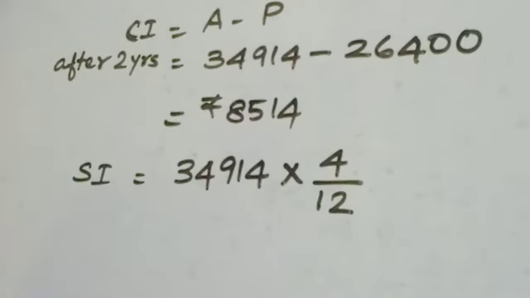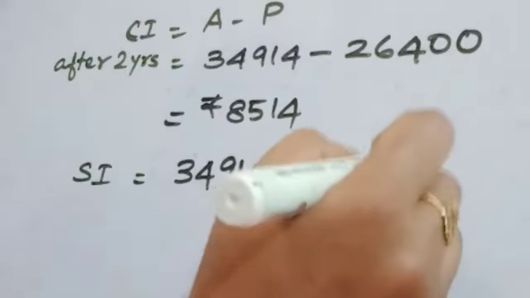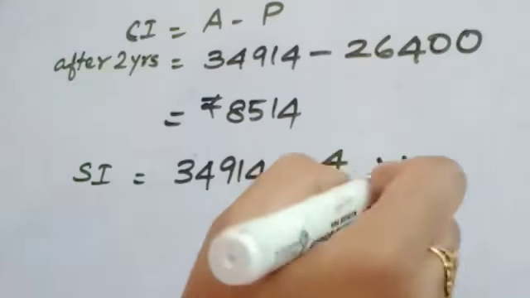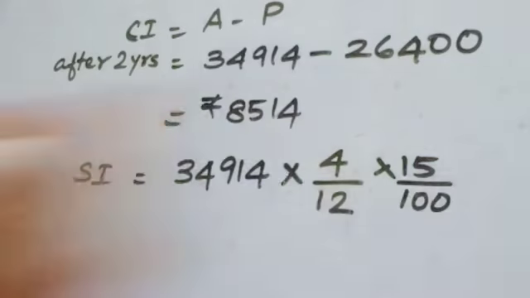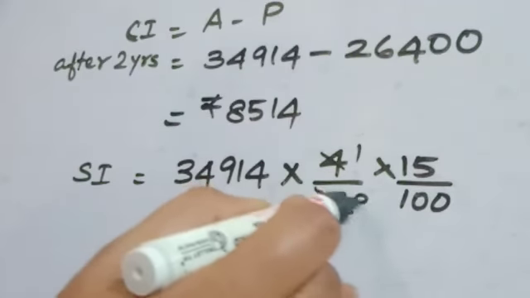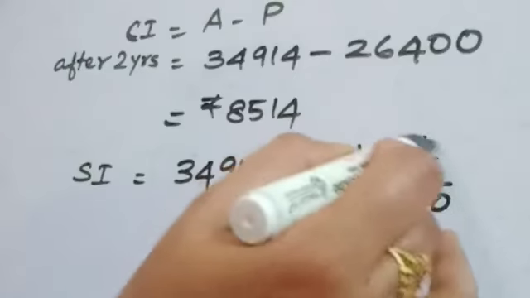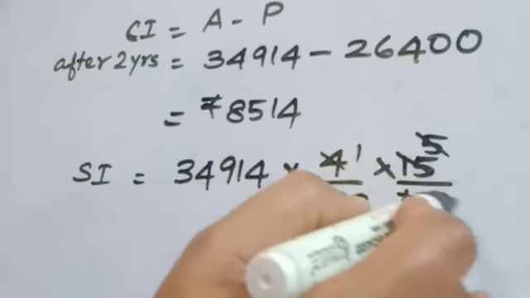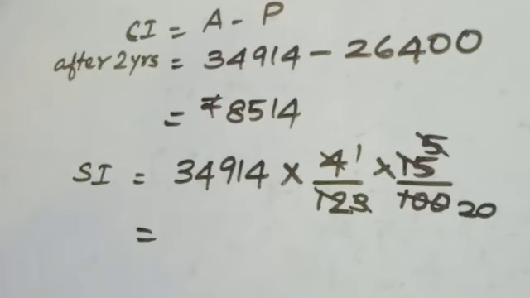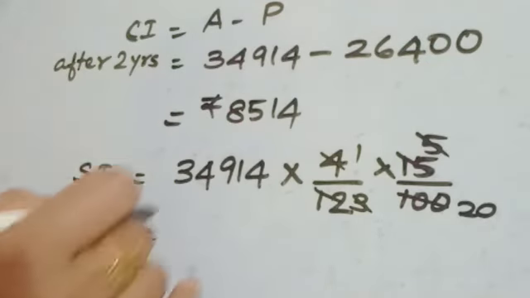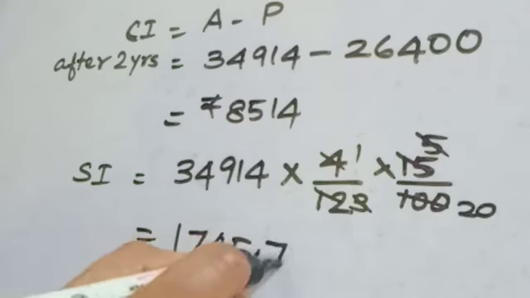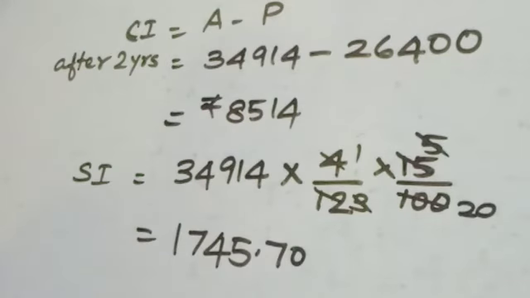So it is 4 by 12 into 15%, so PTR by 100, 15 by 100. Now after cancelling and dividing, we will be getting 1,745 rupees 70 paise as the simple interest.